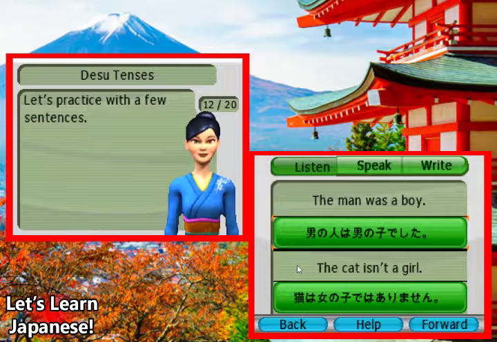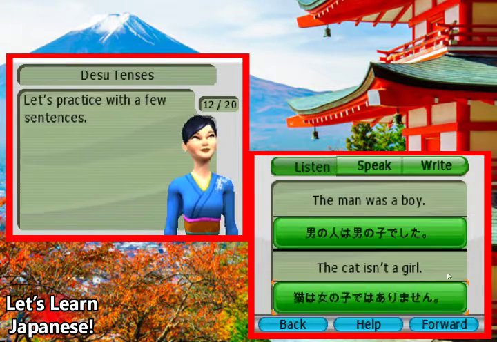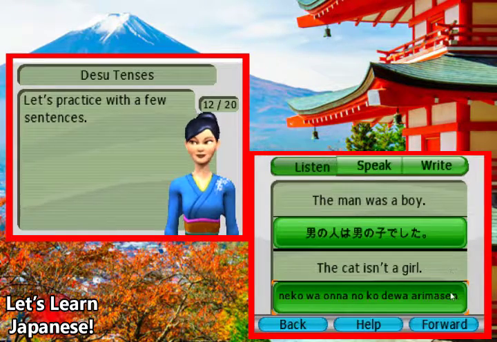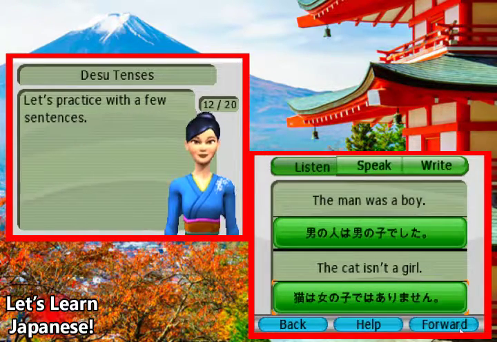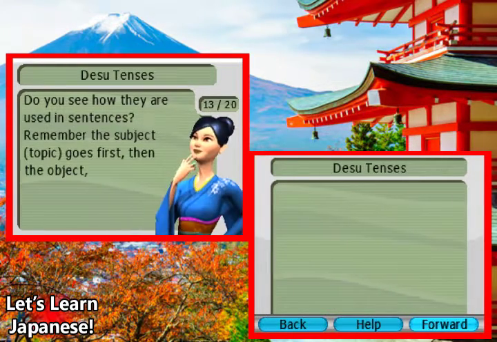So neko wa onna no ko de wa arimasen. 猫は女の子ではありません Makes sense. Do you see how they're used in sentences?